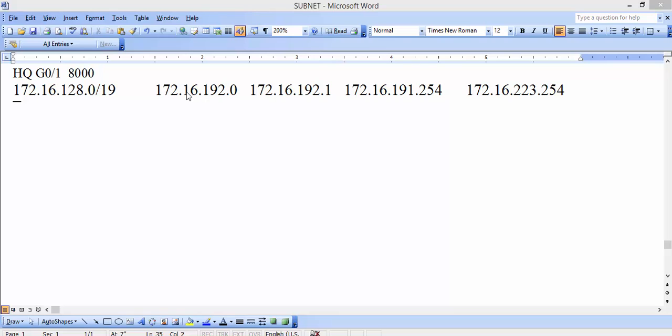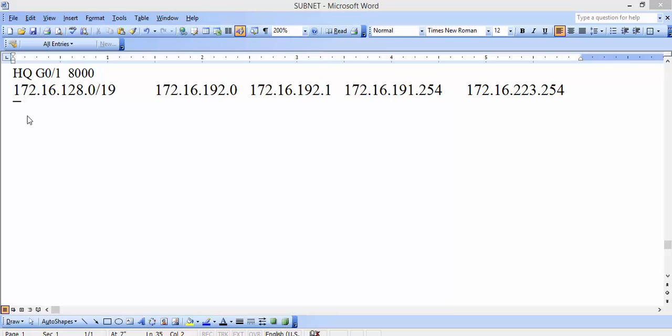Now let's explore how we got our first and last host address and the network address. Our HQ 0/0 has 172.16.128.0/18.